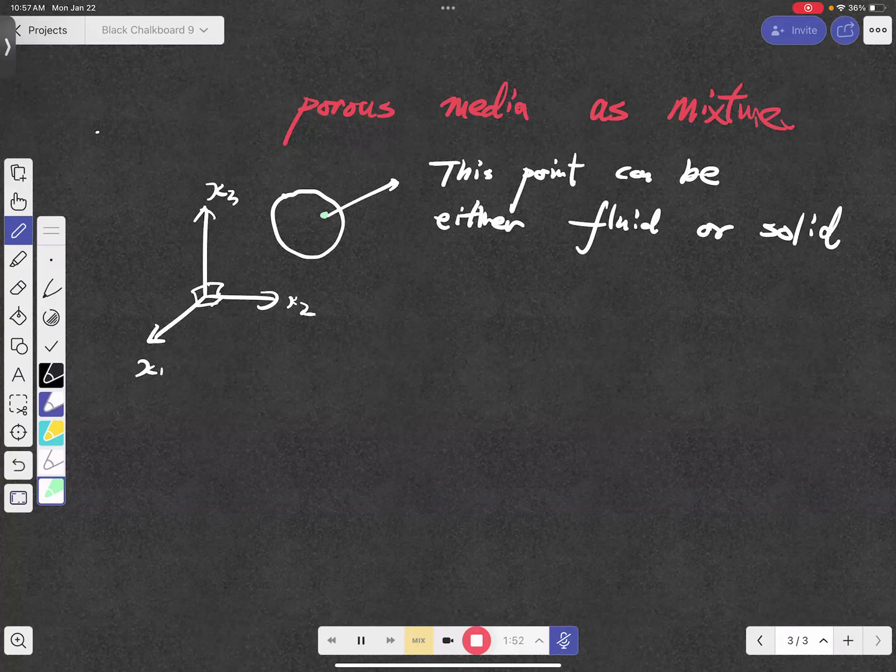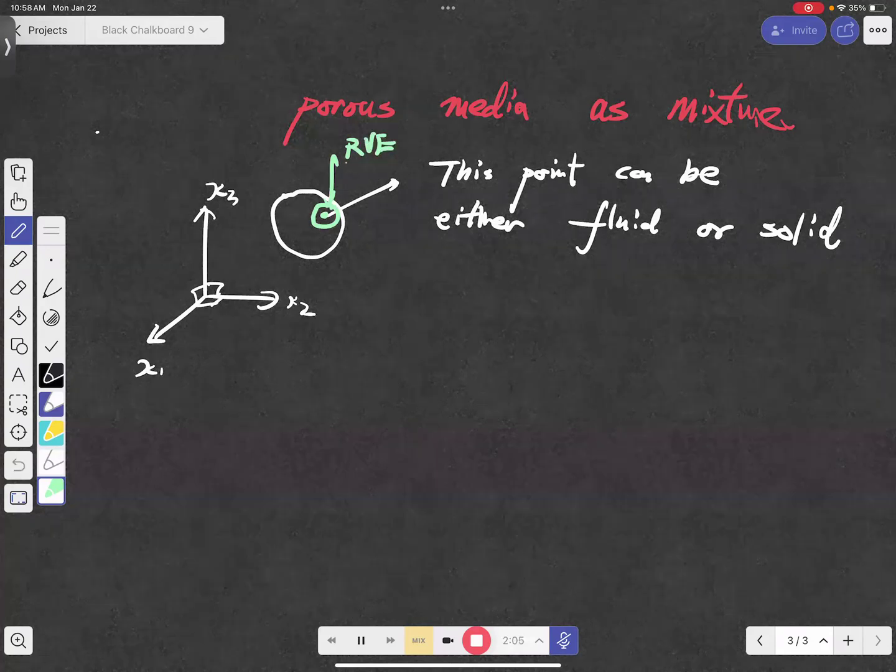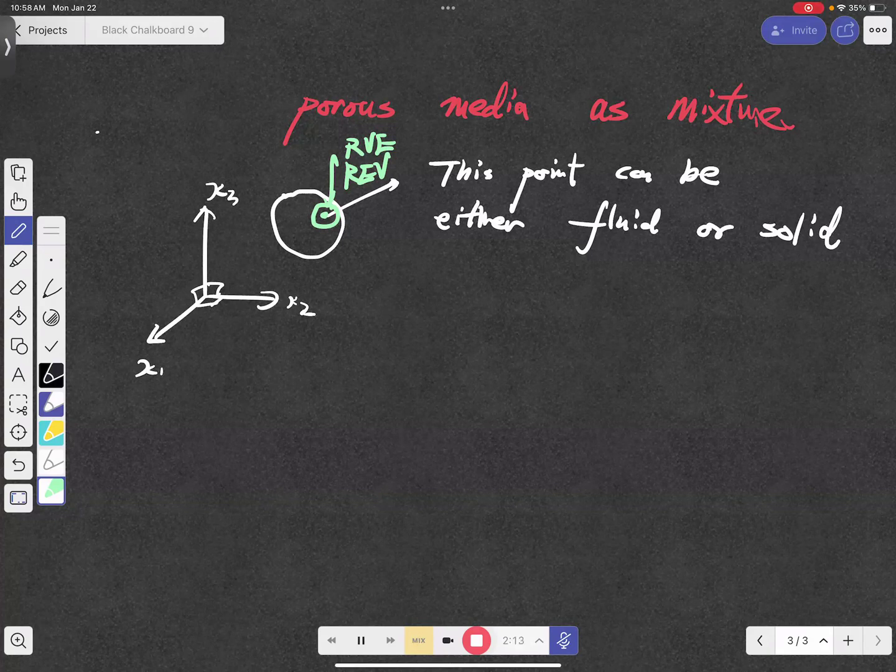I do not actually consider exactly a point, but I associate the point with a size. I am sampling it with a size that is called representative volumetric element, or representative elementary volume. I'll spell it out later. If I associate the point with a size, what would I see here?